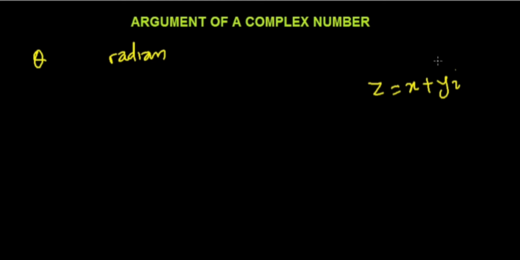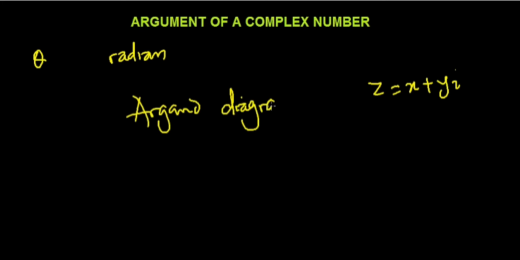The Argand diagram is a diagrammatic representation of a complex number on a complex plane.